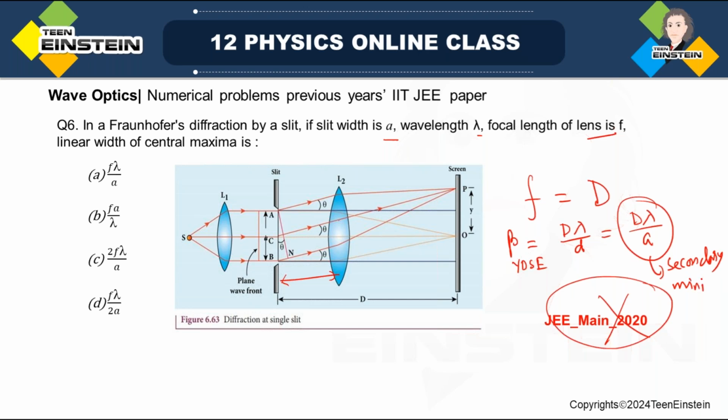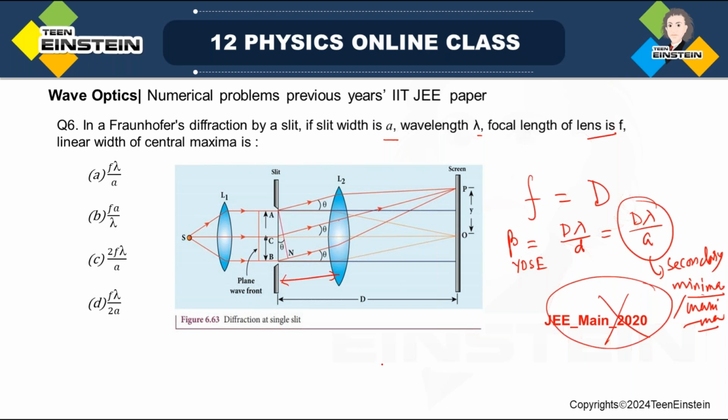Why am I saying minima or maxima? Because there are many minima and many maxima, so that's why the plural form. But in the case of the central maximum, there is only one fringe.